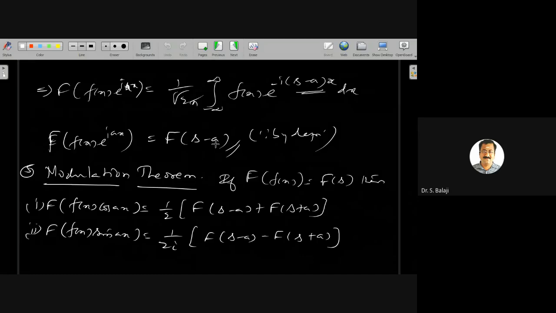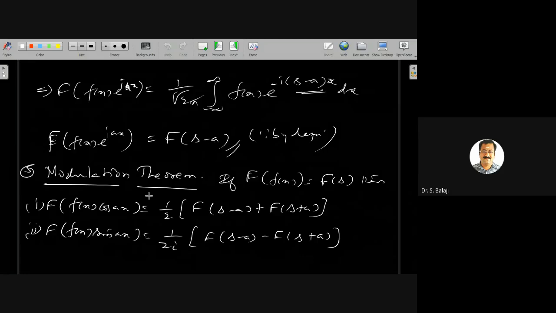The Fourier transform of f of x e power iax is equal to F of s minus a. Correct? Just two lines only.